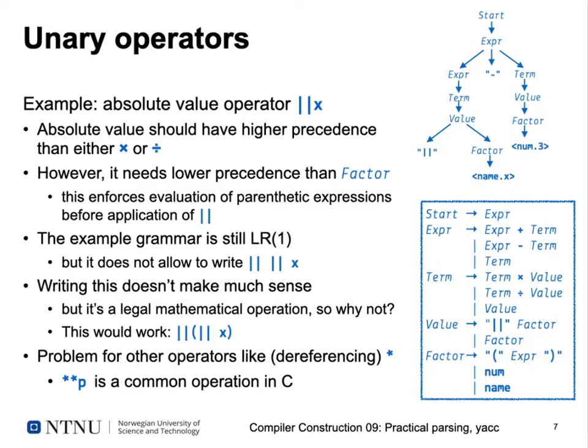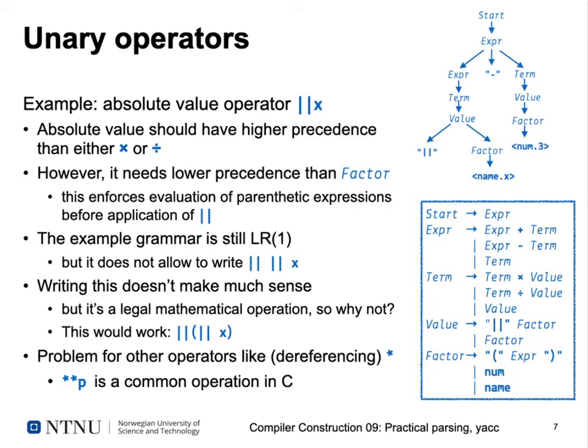So you want a lower precedence than factor. This enforces the evaluation of parenthetical expressions before the application of our absolute value operator. And we can do it this way by just including it here. So either value is our absolute value operator followed by a factor, or it's just a simple factor without the absolute value operator.